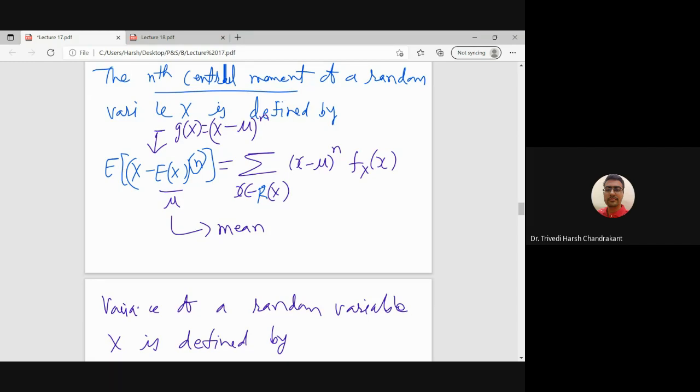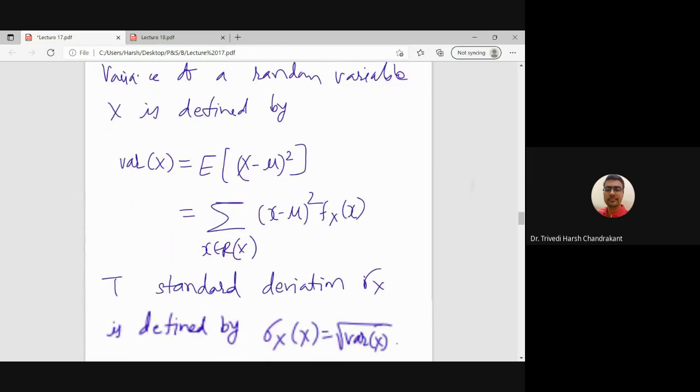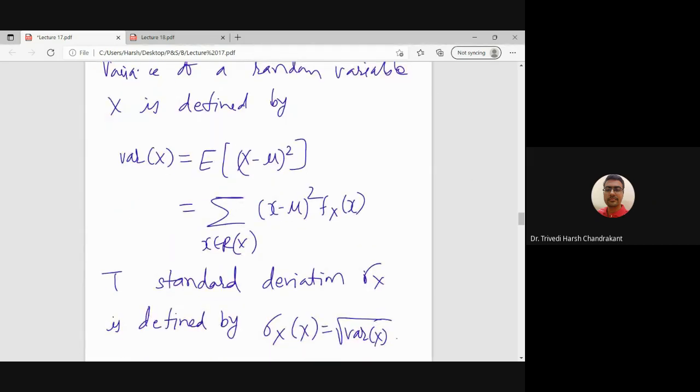And the second central moment is variance. So variance is the expectation of (x minus mu) power 2. In the discrete case we have defined it similarly; for the continuous case it is just replacing summation by integration.